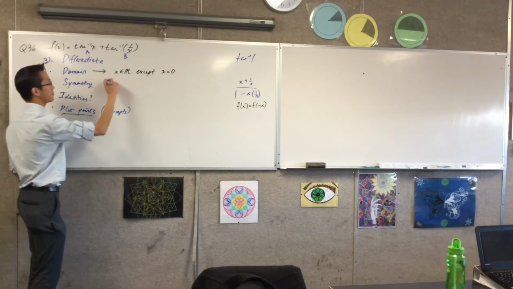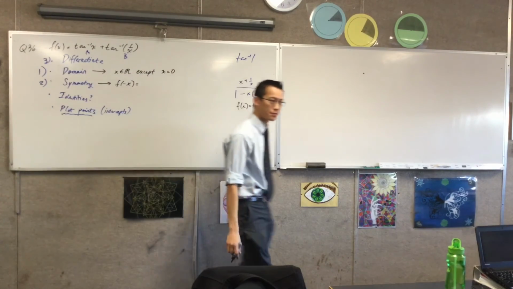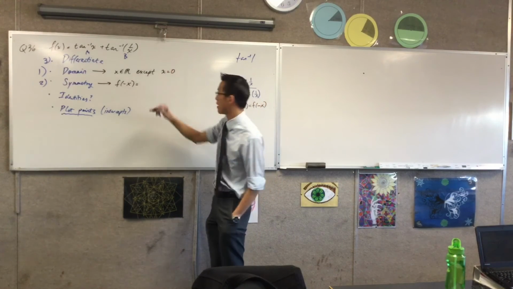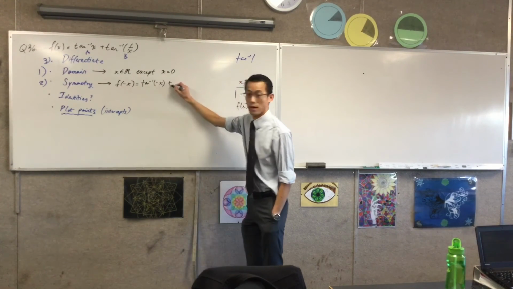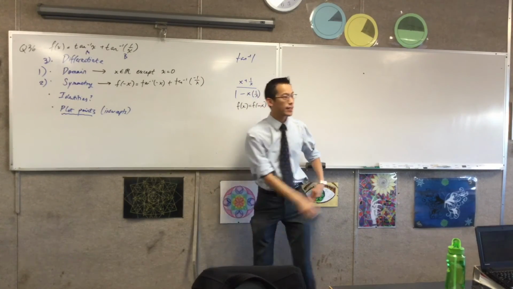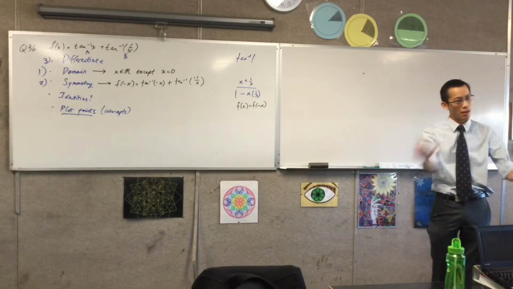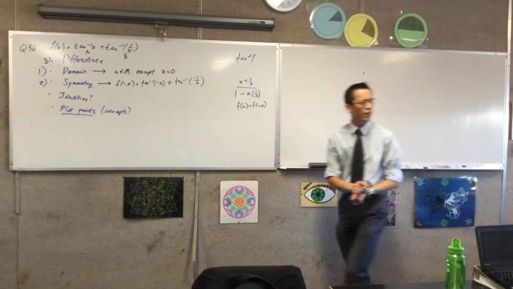However, what is f of negative x in this case? It's going to be, just going for a straight substitution, tan inverse of negative x plus tan inverse of negative 1 on x. Now the lovely thing about this, the reason why symmetry is a great direction to go in, is because we know that the component bits, tan inverse of x and tan inverse of 1 on x, are odd functions, right?